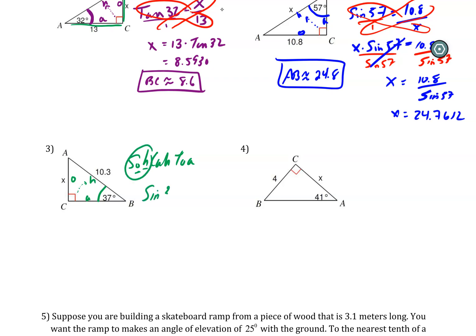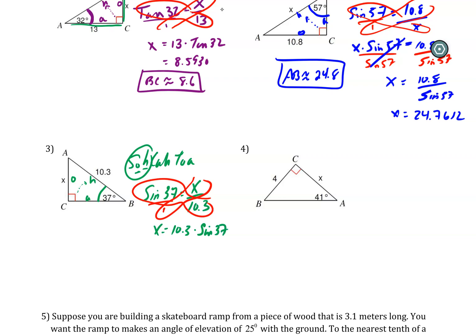So sine of the angle, so sine of 37, is equal to opposite, which is x, over hypotenuse, which is 10.3. Put this over 1, cross multiply. So I'm going to get x is equal to 10.3 times the sine of 37.